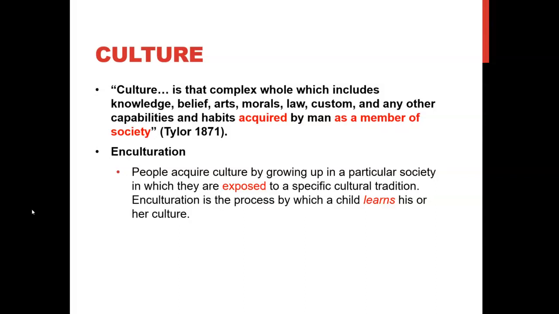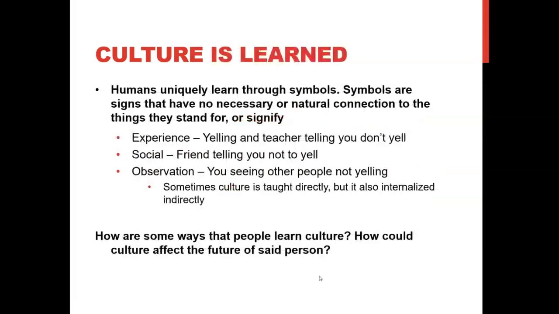And it's how they grow up in a culture and how they learn it, right? Now, I need you to open up your mind a little bit because when we're talking about learning about culture, we're not just talking about you learning directly. We're also talking about indirectly, and that's why exposed is very important, right? And we'll go deeper into that in the next couple slides.